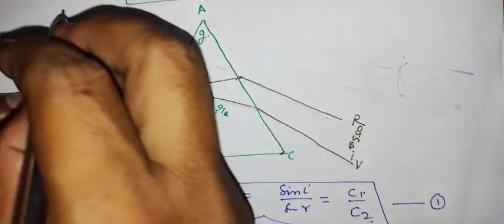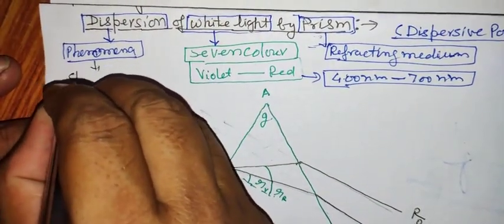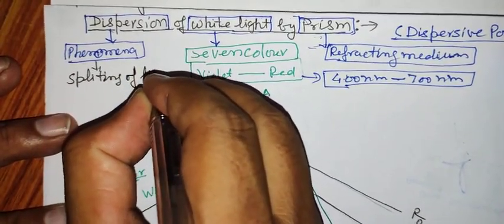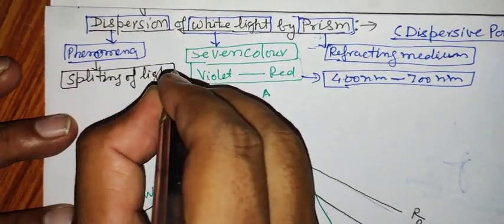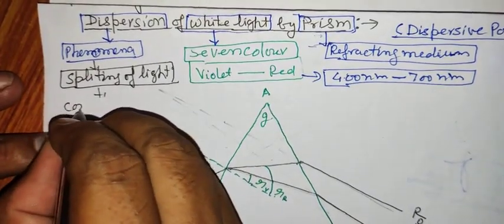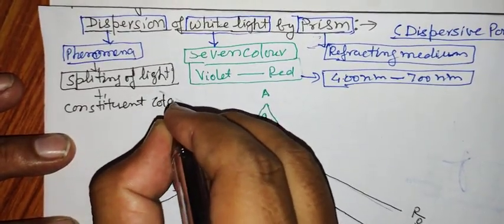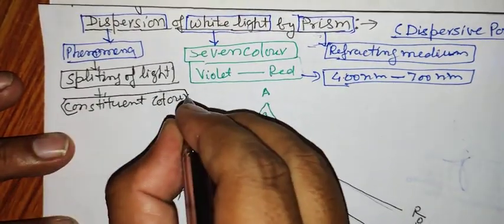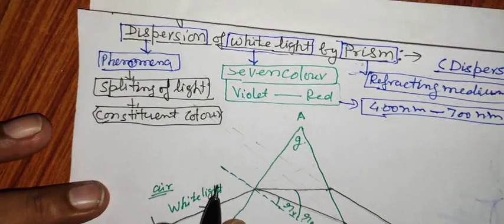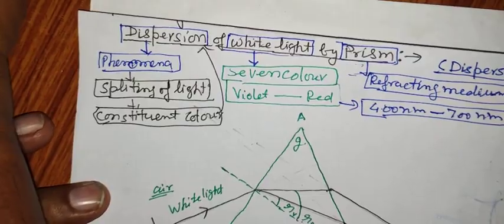This phenomenon, splitting of light into its constituent colors, as seen here in the diagram, is known as the phenomenon of dispersion.